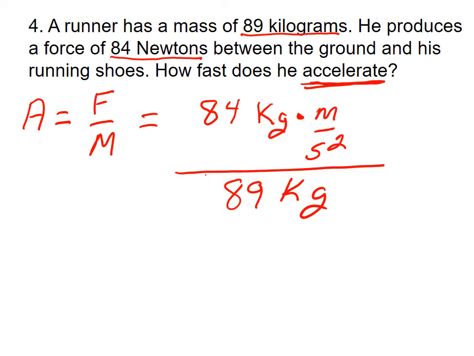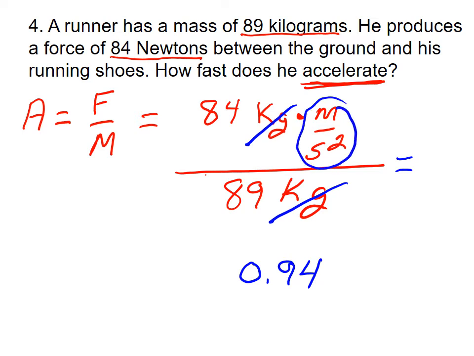The reason I did that, because now you can see that this kilogram and this kilogram divide away, and 84 divided by 89 is 0.94, and the unit I have left here is meter per second squared, and that's a unit value of acceleration.